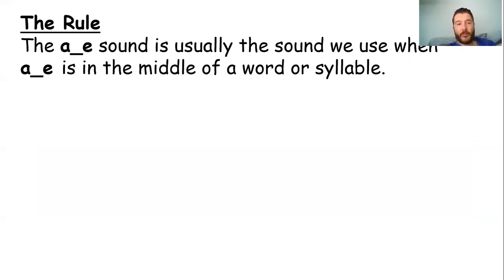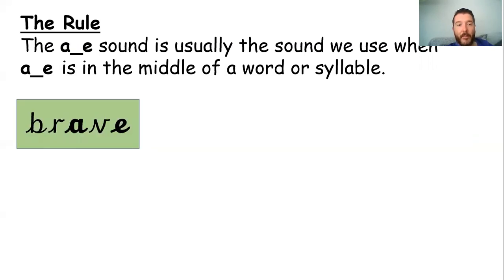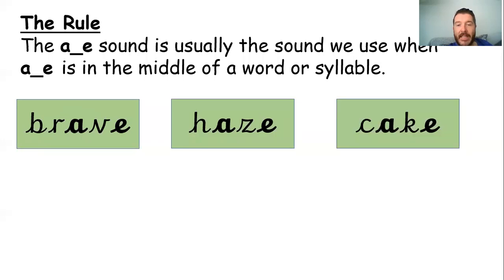So what's the rule? The split grapheme A split E sound is usually the sound we use when the A is in the middle of a word or syllable. So like brave, cake. There's always a sound after the A, isn't there? It might look like it's the last sound in the word, but it's not the last sound in the word, is it? Because that E is part of the A, which is in the middle. So for example, brave, haze, cake.